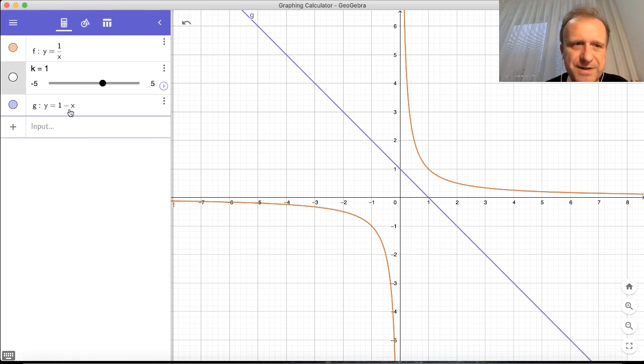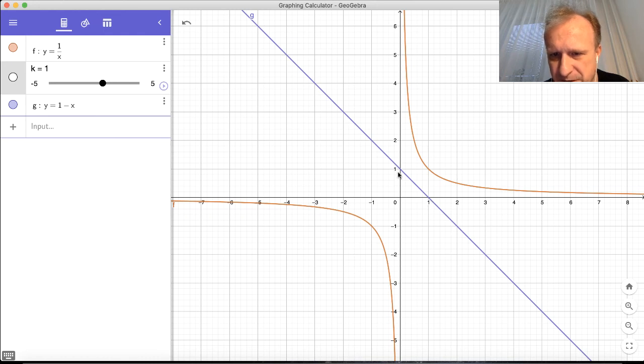Okay? Now, the minus in front of x, of the variable x, represents the gradient of the linear function. The linear function has a constant gradient throughout all its values, so it always decreases at an angle of 45 degrees, and the gradient is minus 1. So it ensures that when the y-intercept is 1, then the x-intercept of this function must also be 1.